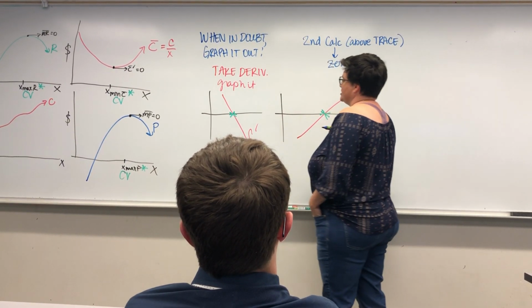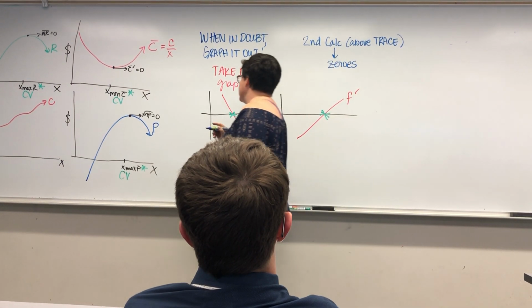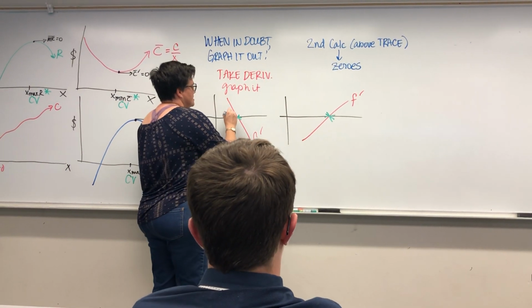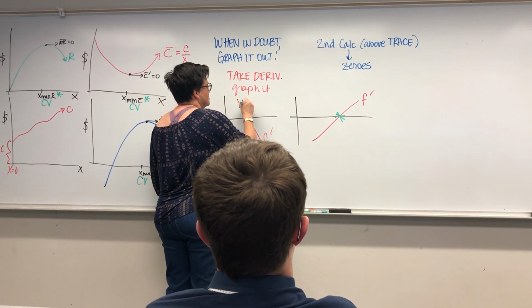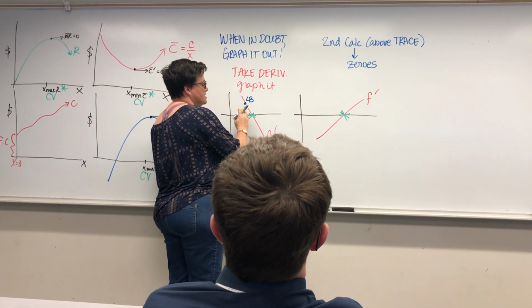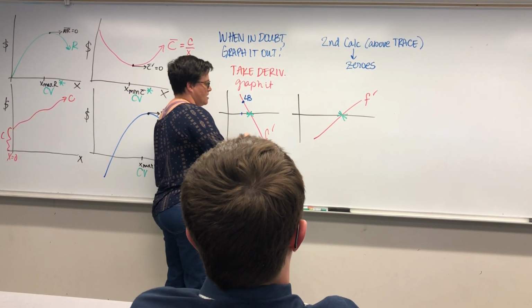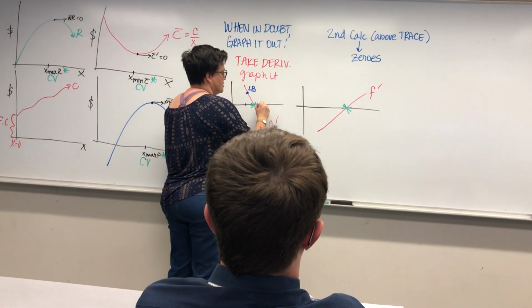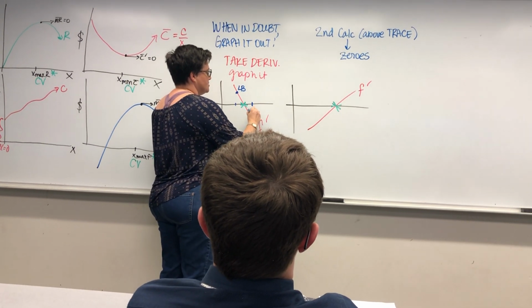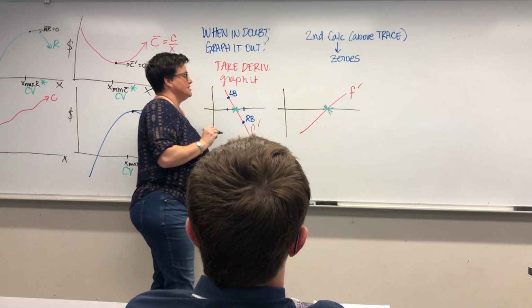I don't know if it's 0 or zeros, it doesn't really matter. And then it's going to ask you a series of 3 questions. It's going to ask you for left bound, so you're going to want to drag your cursor until it's a little bit to the left of the x value you care about. Here's one a little bit to the right of the x value you care about, so here's your right bound. And then it's going to ask you to guess.